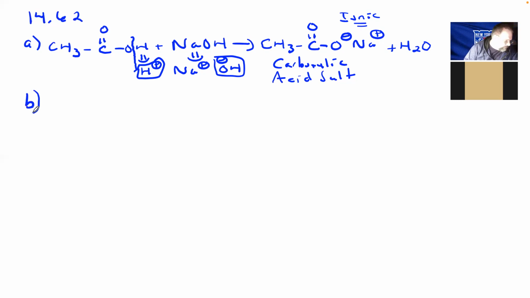All right, letter B. For letter B, we have the following carboxylic acid, and in this case, we have a reaction with water. As I mentioned in the previous example, and as their name implies, carboxylic acids are acidic.